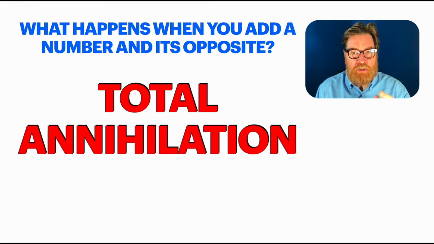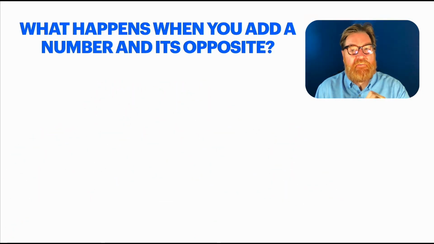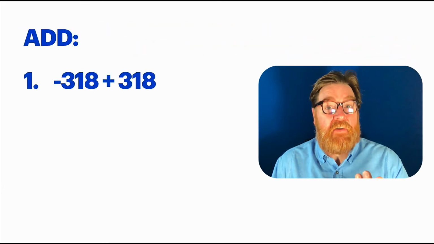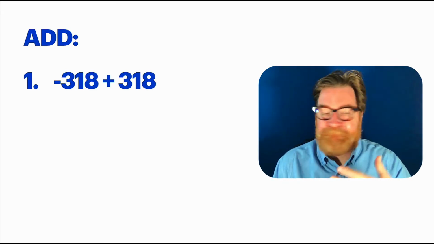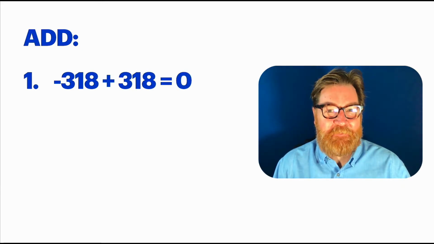Total annihilation. In other words, you get 0 left when you add a number and its opposite. So for example, if you want to add negative 318 to its opposite, 318, you get total annihilation. In other words, you get 0.